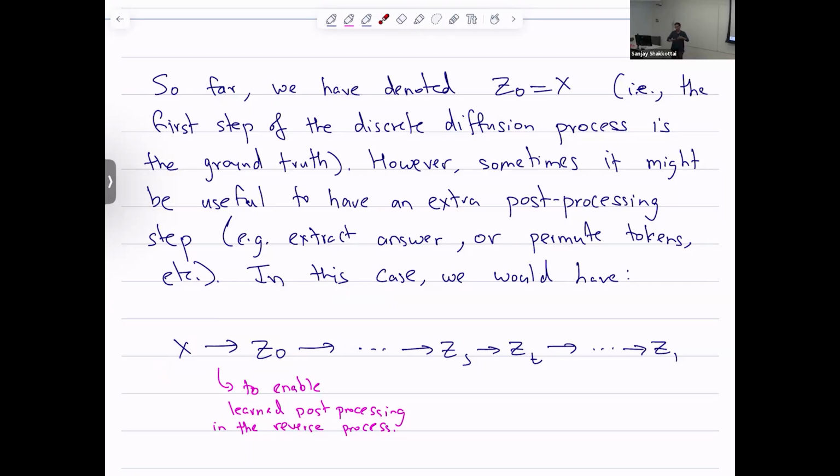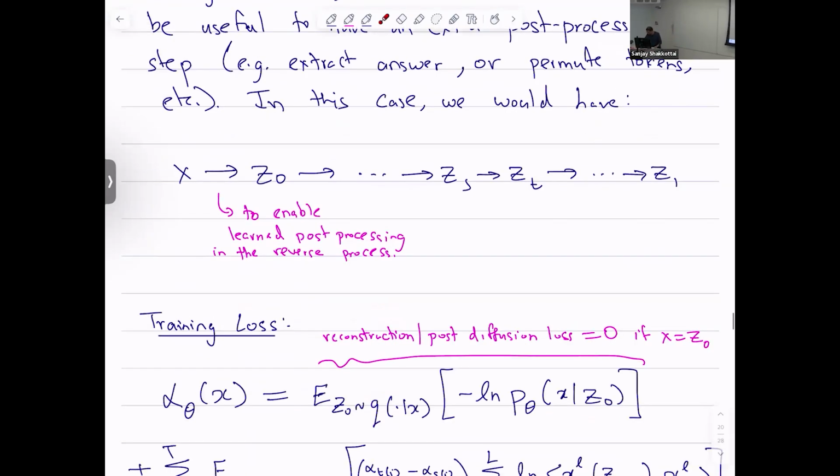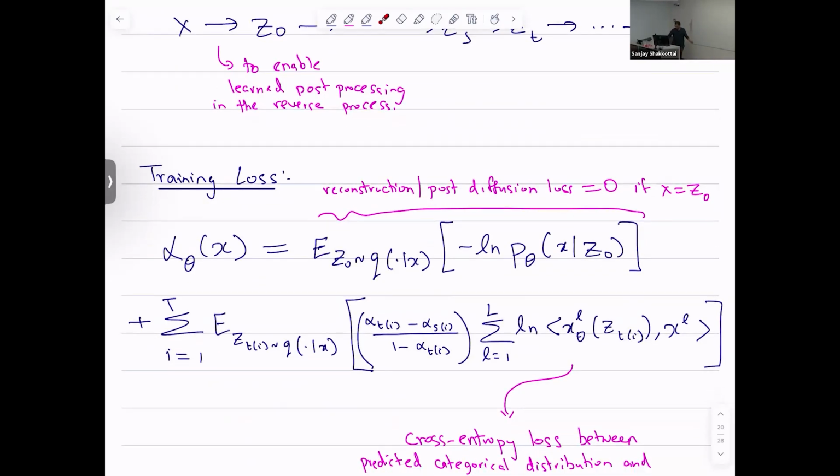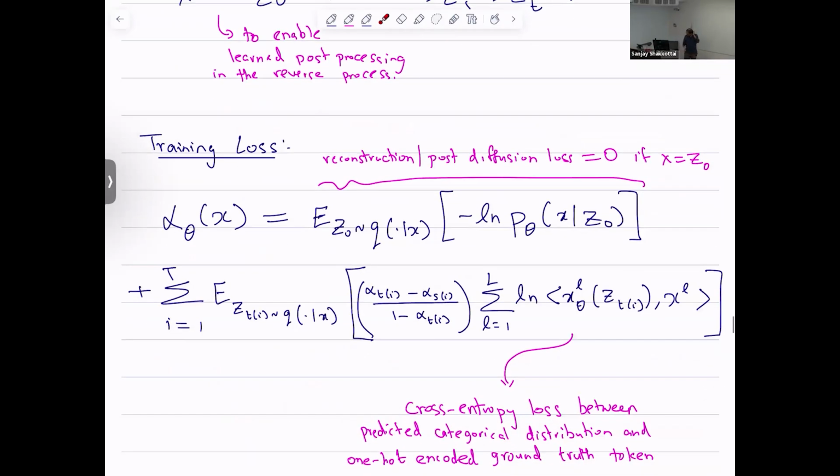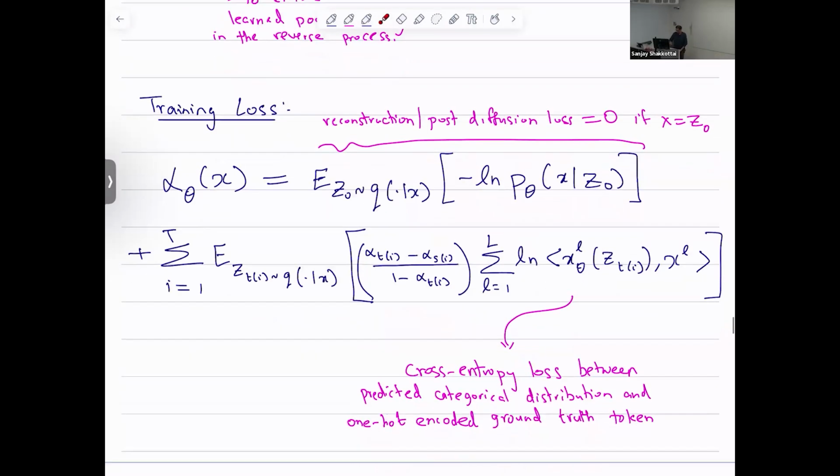If you want to use this model for certain post-processing, you could introduce x and z0 to be separate. The loss derivation has that, but most of the time in practice, unless you need that, you just skip that first step. So I'll first describe the training loss and then we'll derive this.